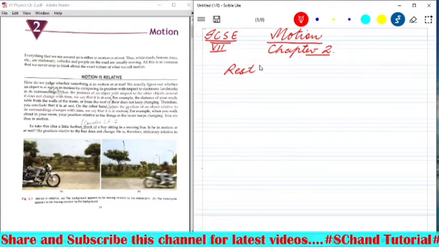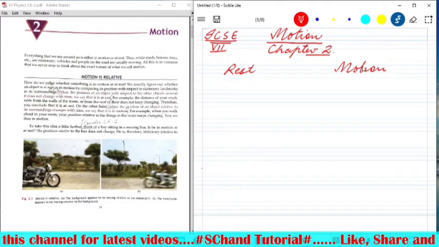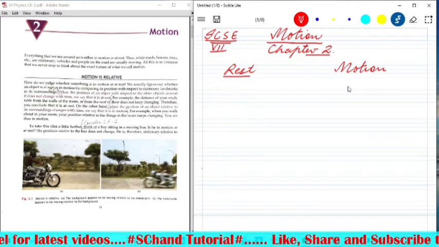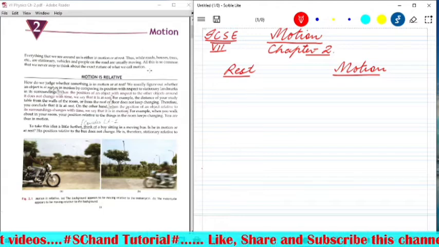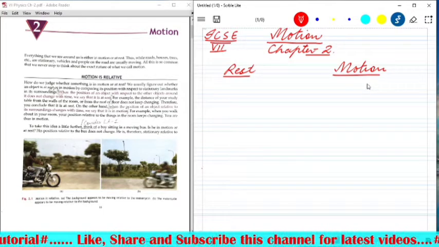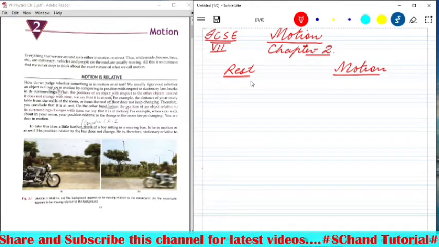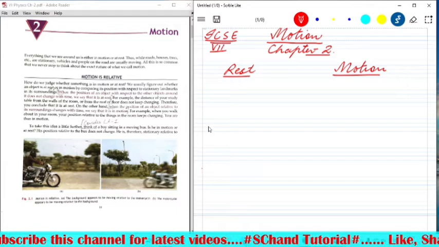What is rest and what is motion? Rest and motion are two terms, and these two terms are related to each other. Motion is relative. Suppose a particular object is not changing its position with respect to its surroundings.